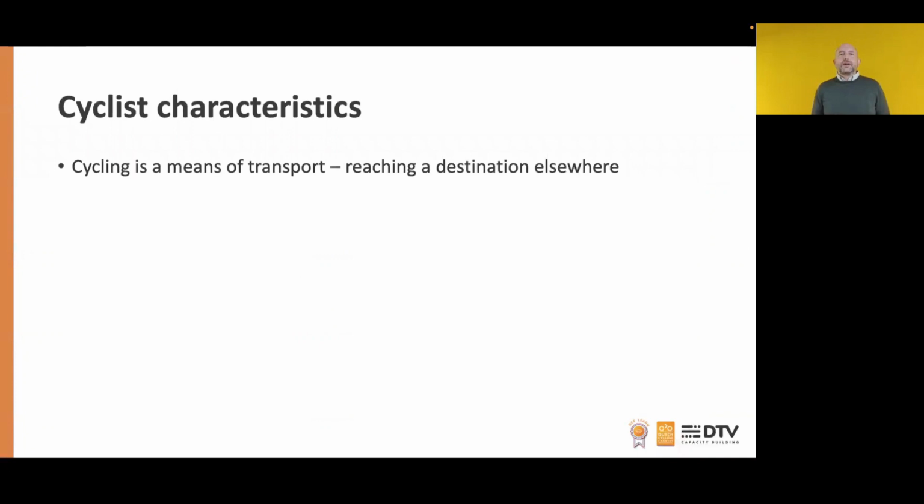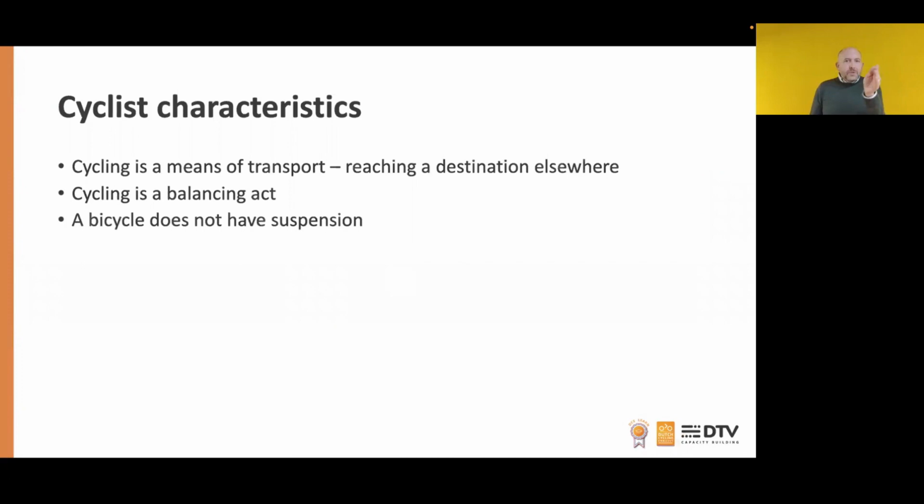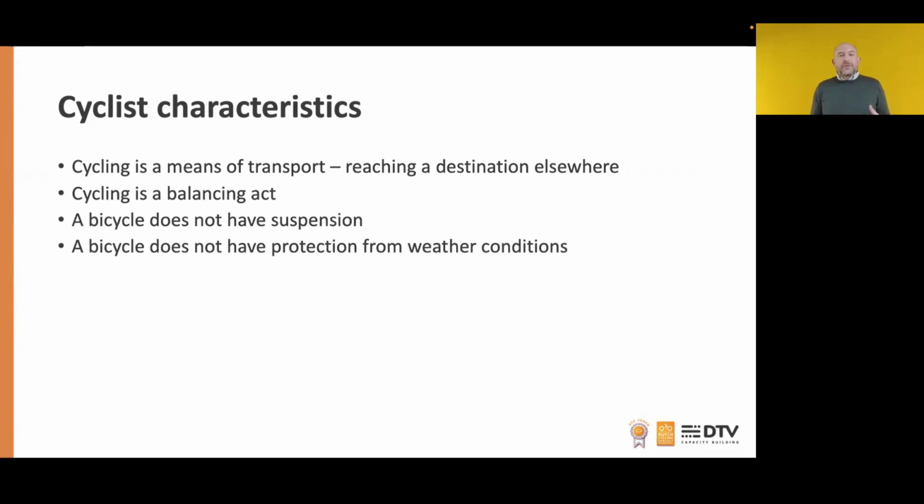Of course, we think a lot about cycling as a means of transport. So we want to be able to go to work, go to school, etc. We only have 2 wheels, so we need to weave a bit. We need to accommodate for that in our design. We don't have suspension. We do not have protection from the weather conditions, especially in tropical countries.